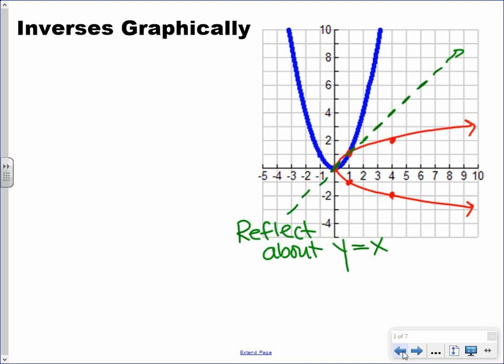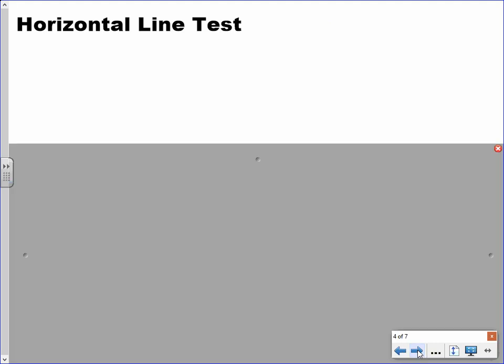Amanda said if we draw a horizontal line and it crosses more than once, then our inverse isn't going to be a function. Do you see that? If our horizontal line hits more than once, that means when we find the inverse, it's not going to be a function.